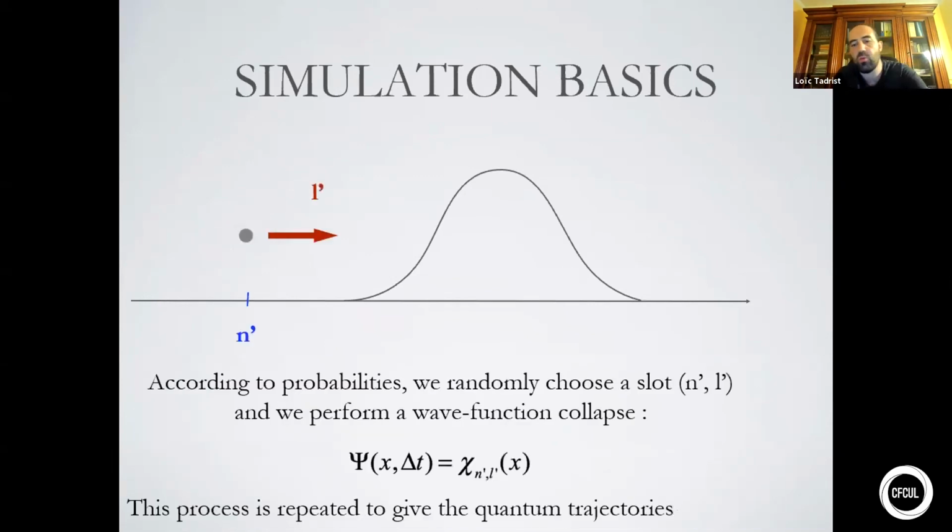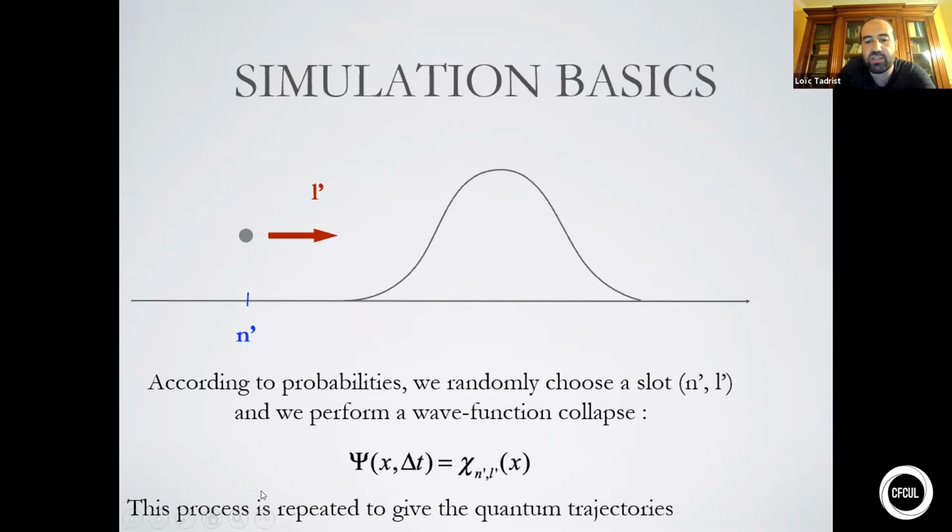Then we randomly choose, according to the probability distribution, the new box where the particle is, and this is similar to the process of wave function collapse in quantum mechanics. Then we have a new wave function which is in another box, and we propagate it again and measure it again, and so on.